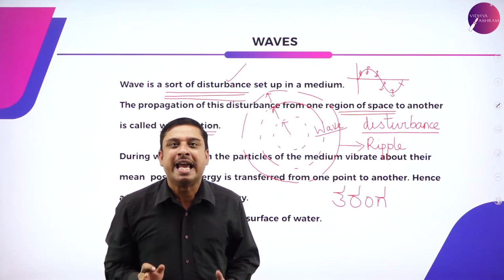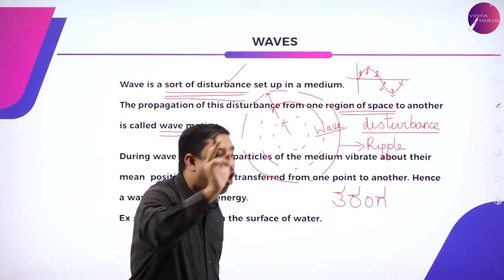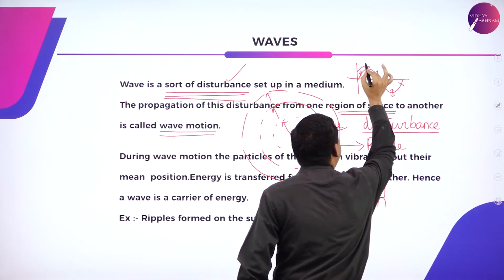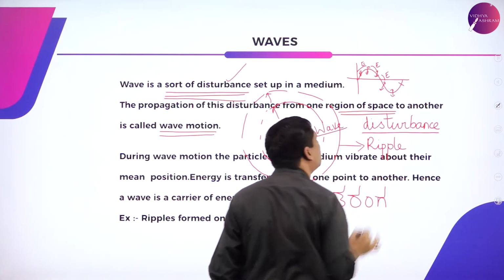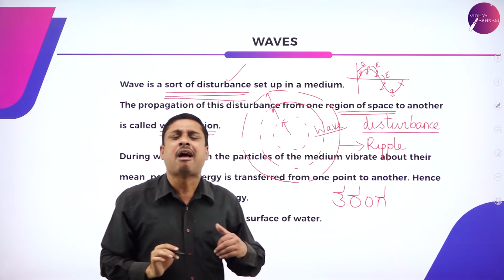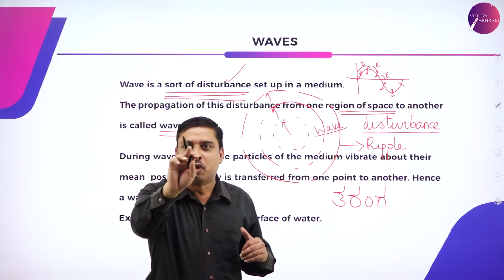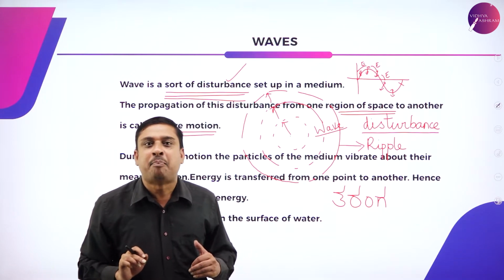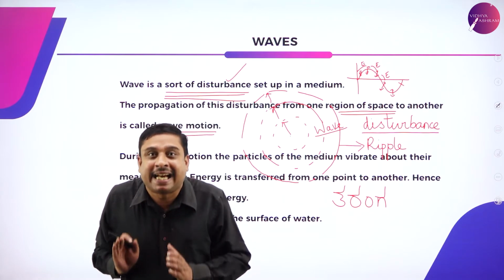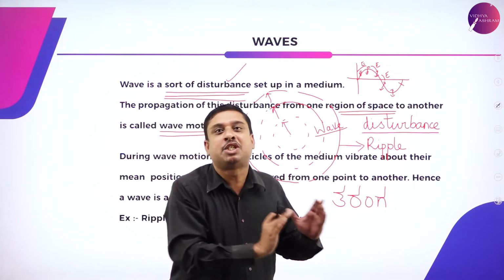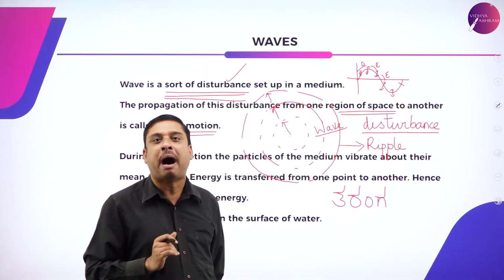They keep on vibrating about their mean position, and it is only energy that is transferred from one region to another. Classical concept of wave motion: during wave motion, the particles of the medium do not physically move from one region to another.